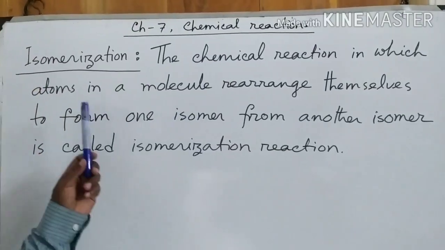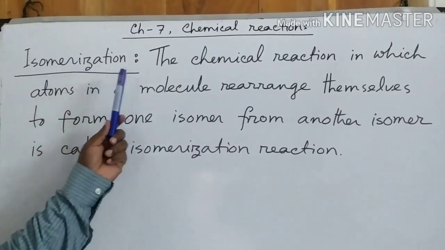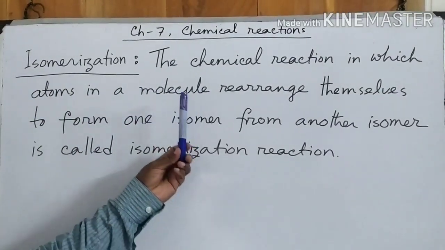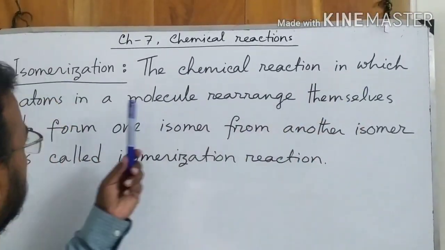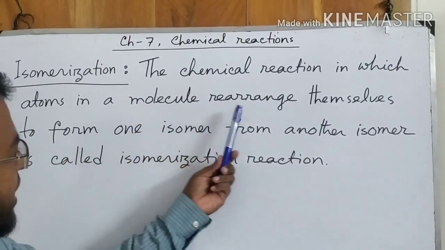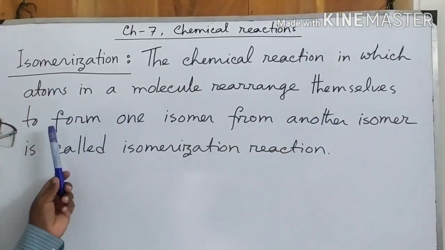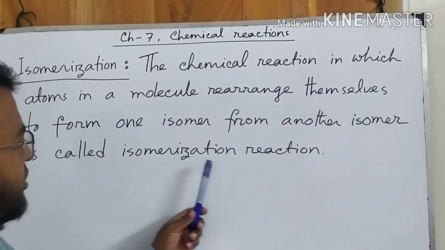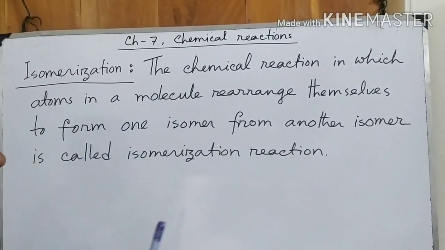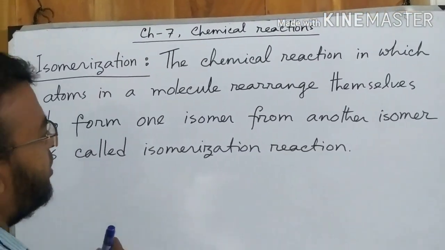Okay, dear students, now next one, isomerization. So all of you see that I have written it: the chemical reaction in which atoms in a molecule rearrange themselves to form one isomer from another isomer is called isomerization reaction. I have shown isomers of one another.